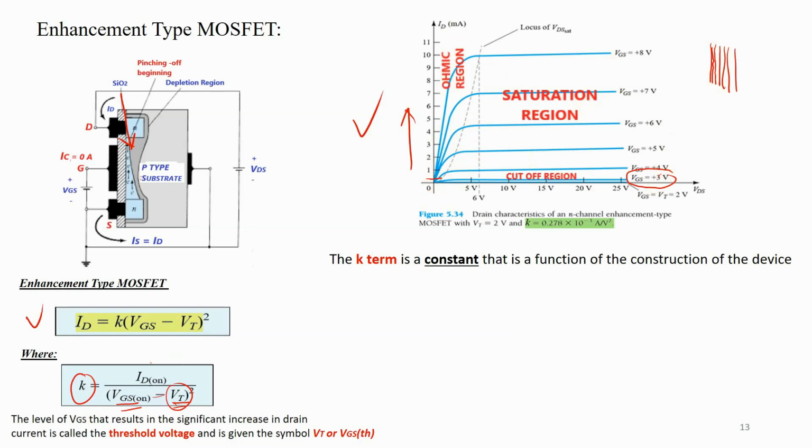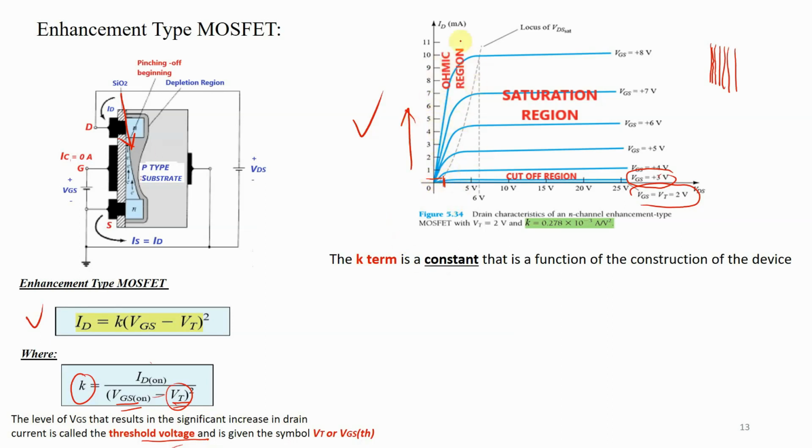Okay? Now, what is the threshold voltage here? The threshold voltage is the level of VGS that results in a significant increase in the drain current. So look at here. This is 5 volts. This is around 2 volts. Look at the significant increase in the drain current.